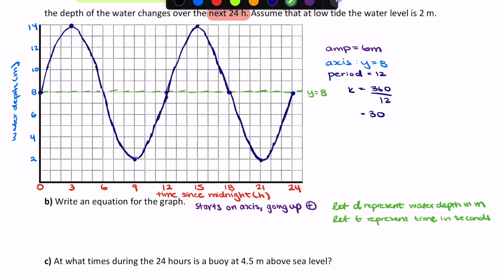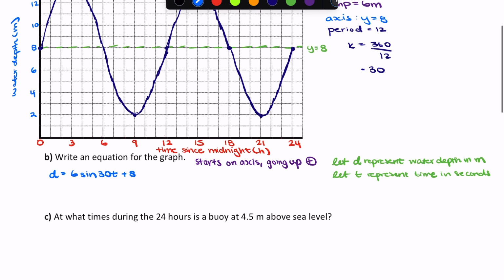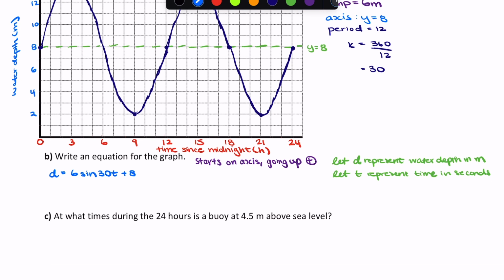So here, if we write our equation, we get d is equal to our amplitude, which is 6, sine, k value is 30, so 30t. And then here we see that our axis is 8, so then plus 8. So the equation here is d is equal to 6 sine 30t plus 8.